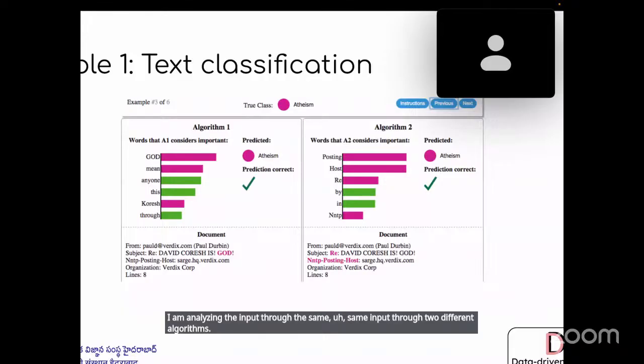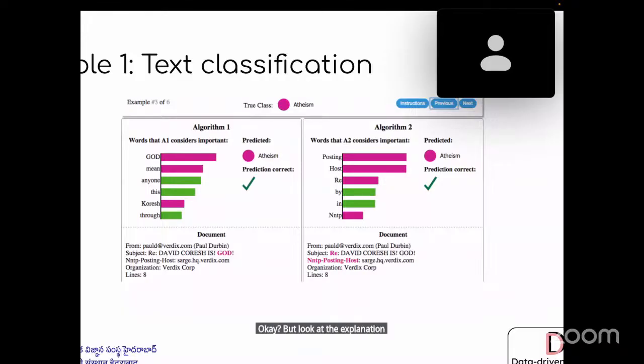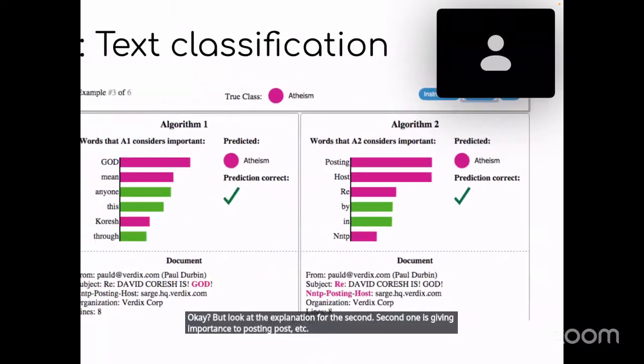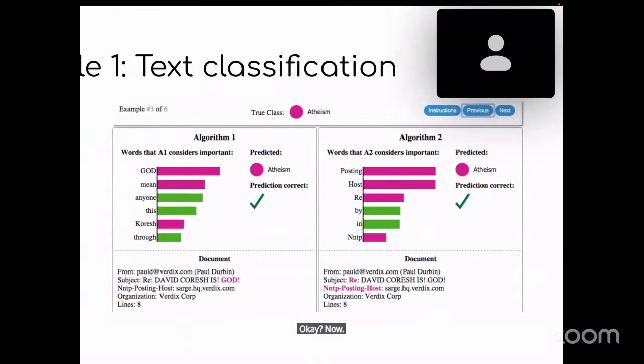But look at the explanation for the second. The second one is giving importance to posting, post, etc. Now, which algorithm do you think makes more sense? Algorithm 2. Why is that?